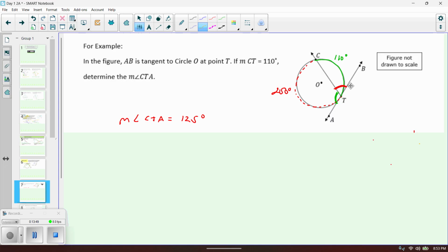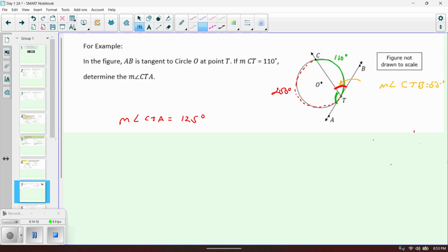If I wanted to find the measure of this angle right here, well, that's going to be half of the 110. Half of 110, so the measure of angle, we'll call it CTB, is going to be 55 degrees.